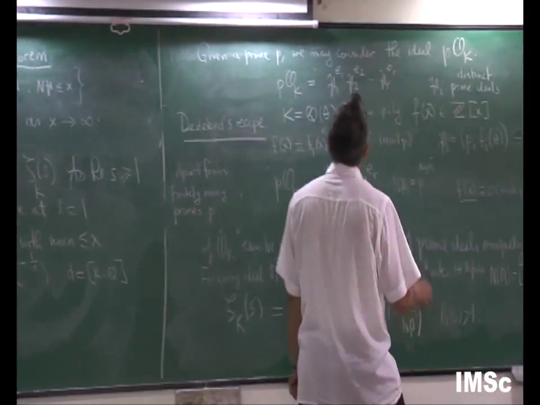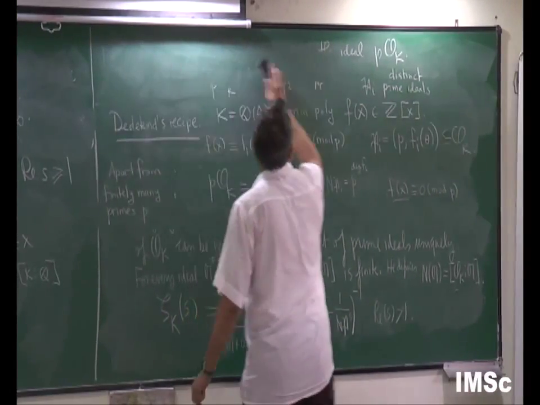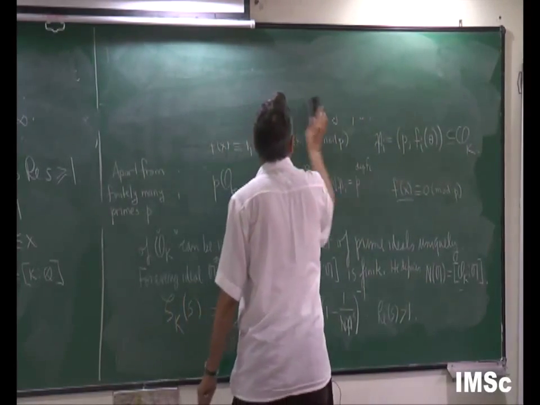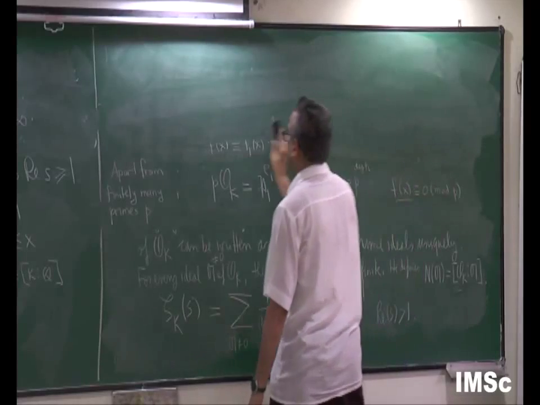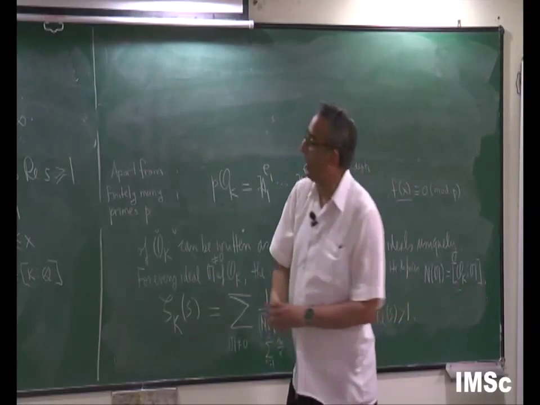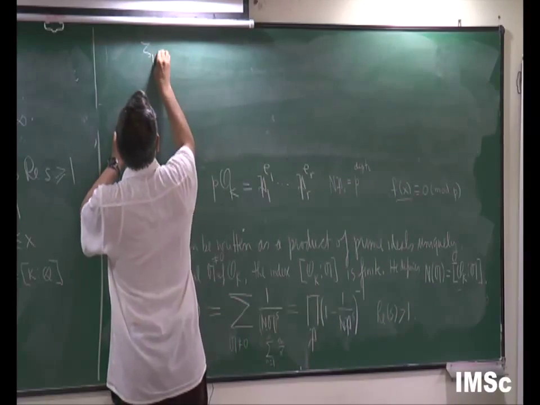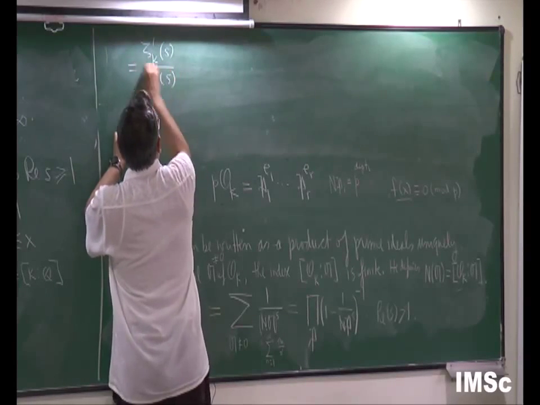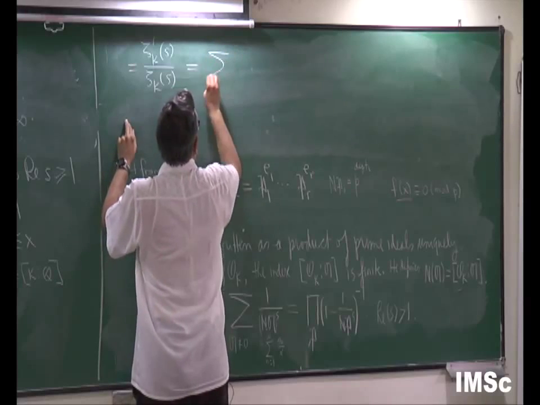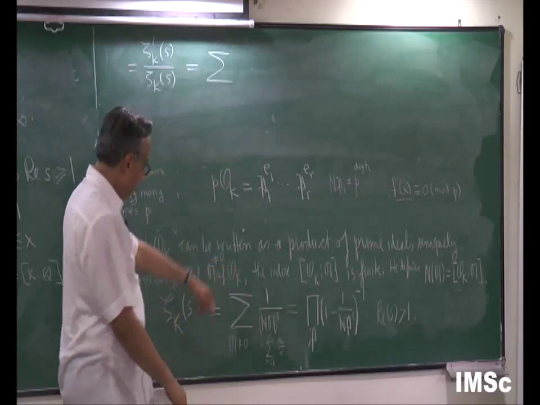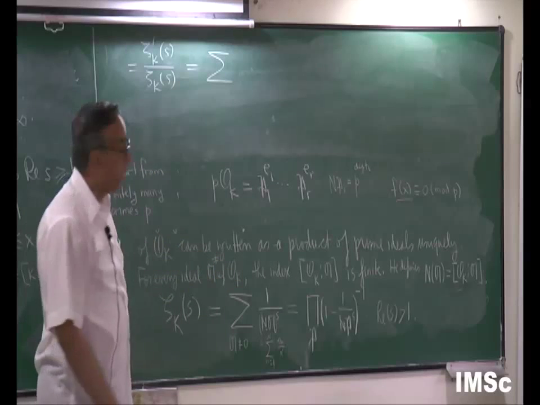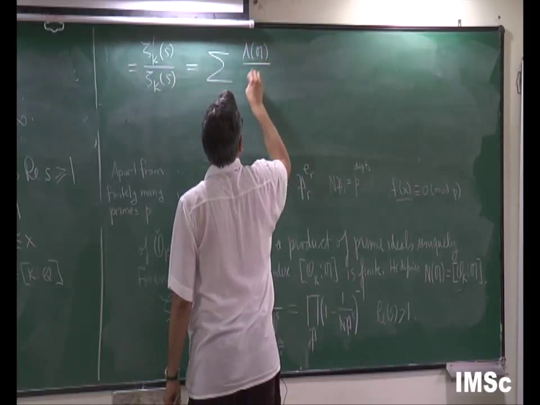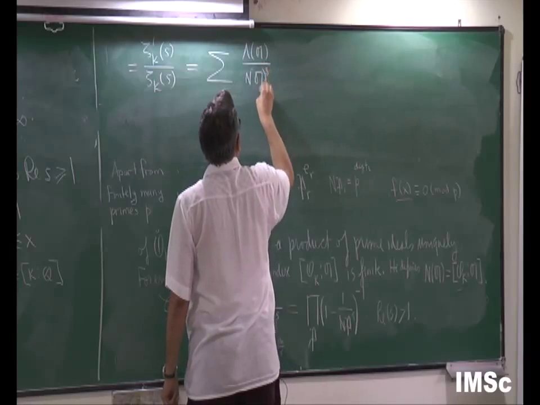Now the question is, before you apply the Tauberian theorem, what do we want to apply it to? Well, we want to apply it to zeta_k prime over zeta_k of s, right? When you look at it, this is the usual logarithmic derivative, and you'll have an analog of the von Mangoldt function.